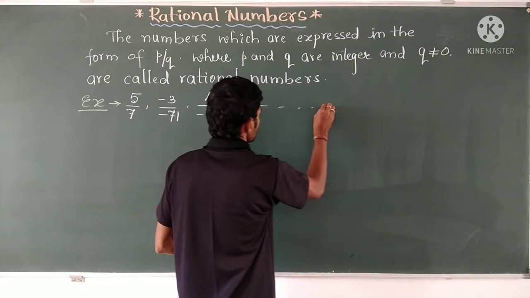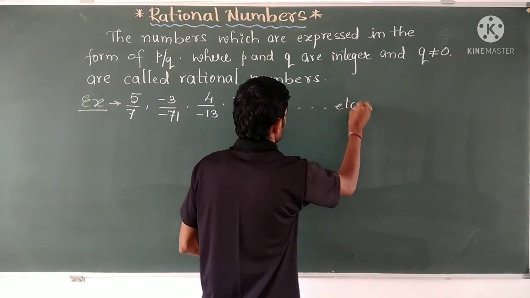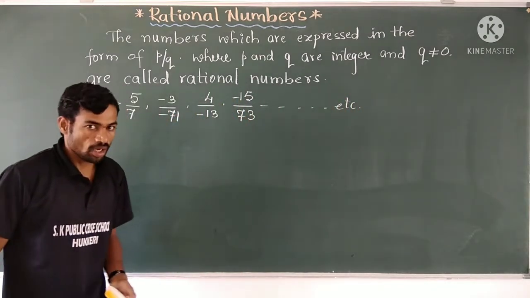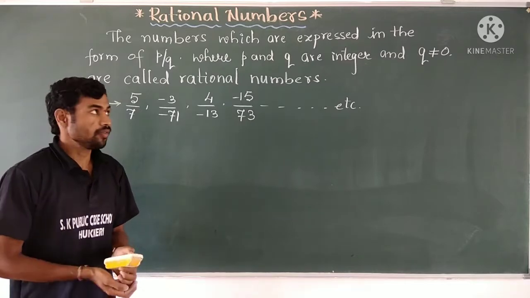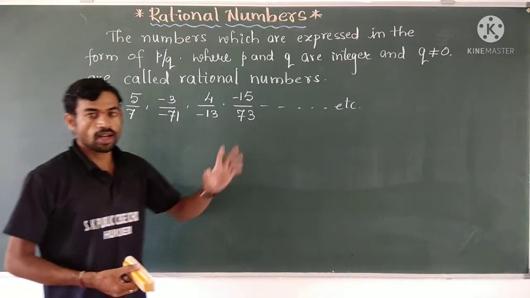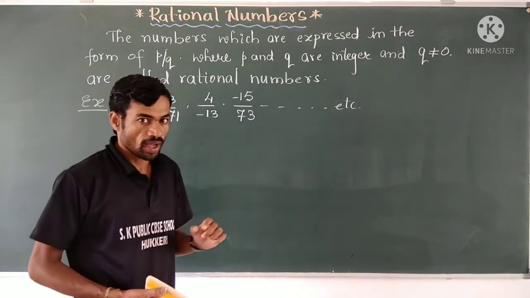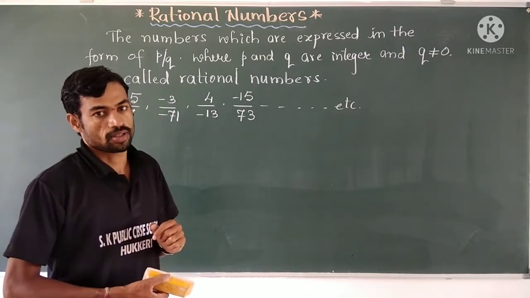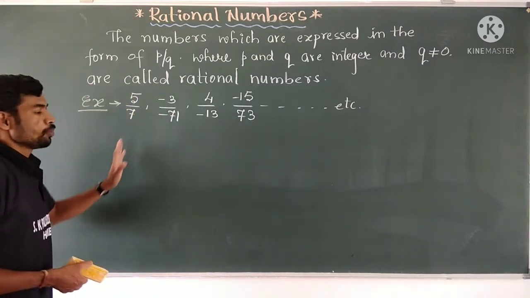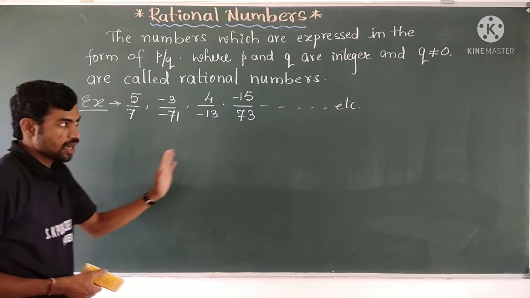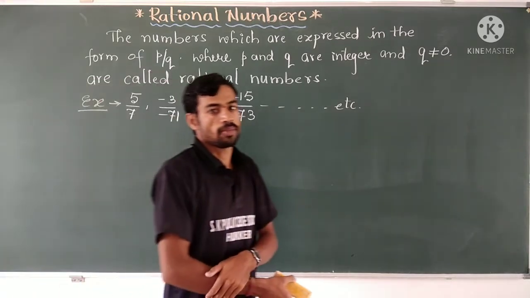Yes, so many examples we can give for rational numbers. And we have also discussed there are two types of rational numbers: positive rational numbers and negative rational numbers.